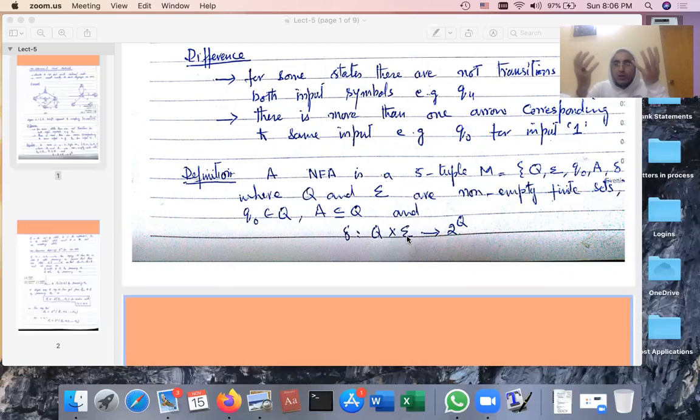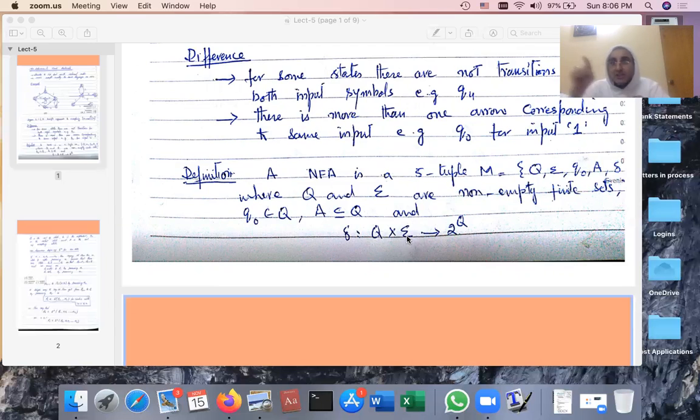So the total combinations after applying the Cartesian product between Q and sigma would be 2 raised power Q, that is, 2 raised power the number of states in that NFA. For example, if the number of states is 3, then 2 raised power 3, 2 multiplied by 2 multiplied by 2, gives 8 arrows or labels, you can say.